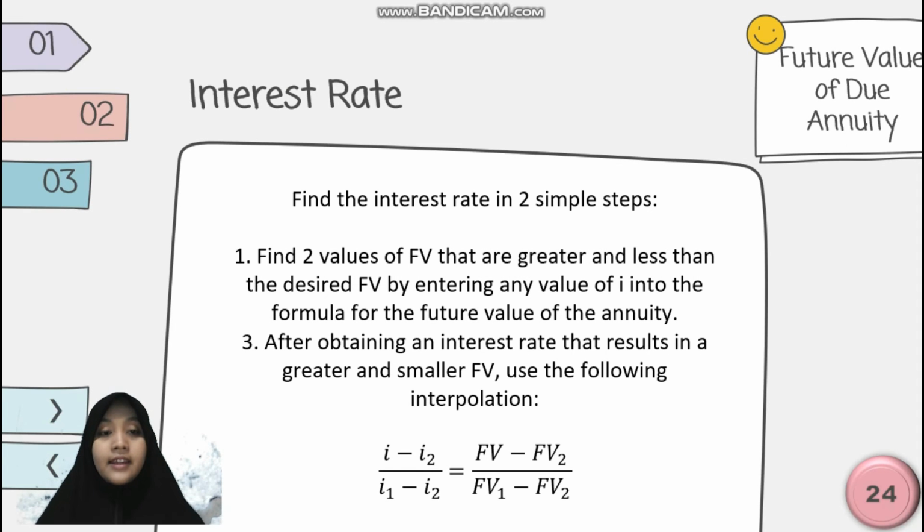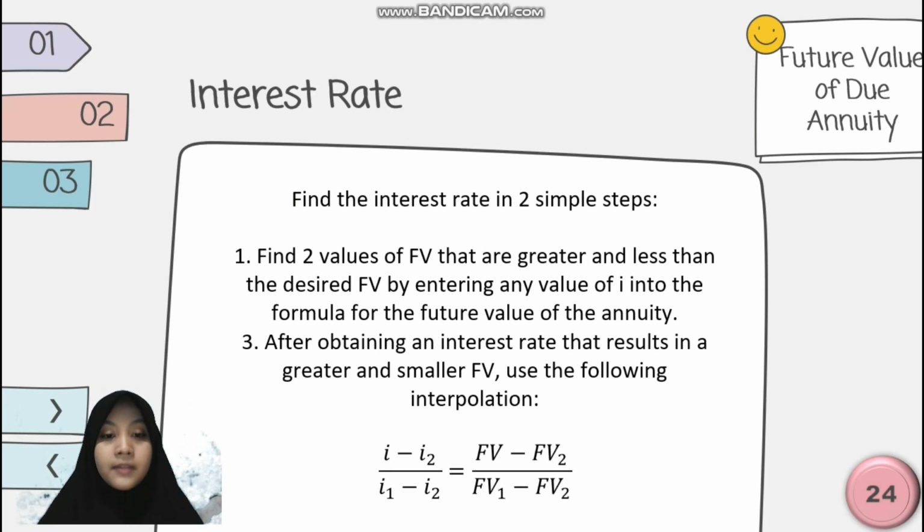And then to find the interest rate of future value of the annuity, same as finding the interest rate for present value of the annuity, there are two steps. First, find the future values that are greater and less than the desired future value by entering any value of I into the formula for the future value of the annuity.